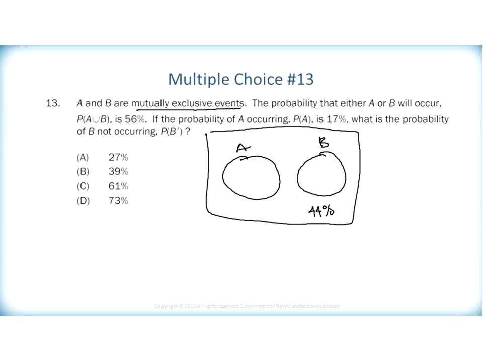So now if 17% is over here in A, we need to know what is not in B. What's not in B would be what's in A and what's outside of A and B. That would give us 17 plus 44, which gives us 61%. So mutually exclusive was a very important point in this section, in that we had to know that for A and B there was nothing in the intersect.